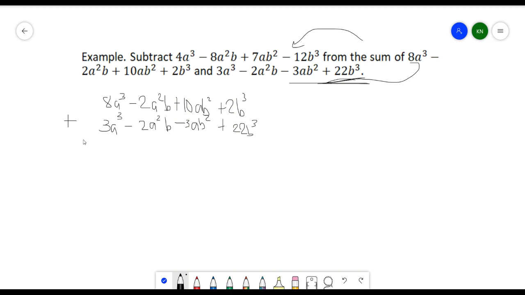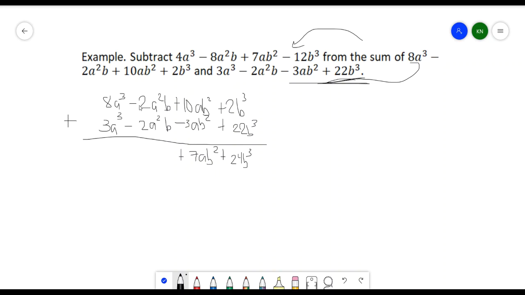Now, adding all of this, we have 2 plus 22, that is 24b cubed. We have 10 plus negative 3, that is positive 7ab squared.